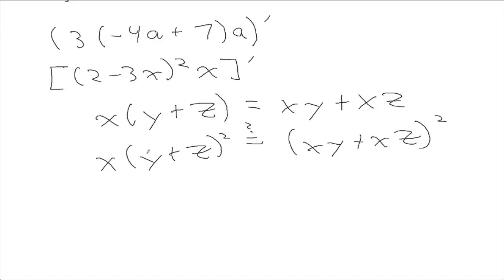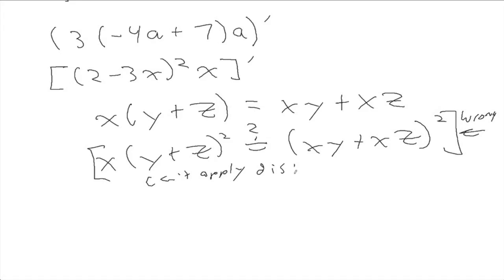So can we apply the distributive rule in this situation? No, we can't. We have to reverse FOIL first. This would be wrong. You can only apply the distributive law over parentheses that don't have any exponents on them.